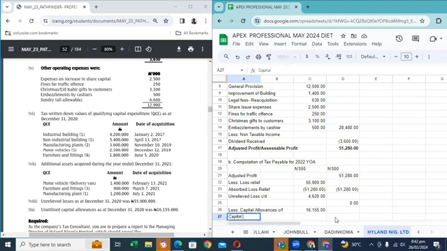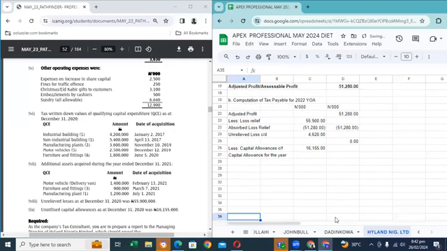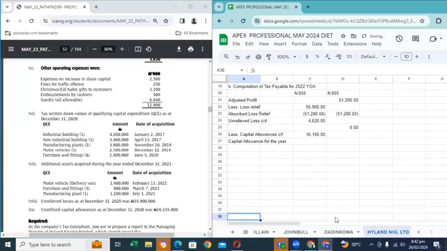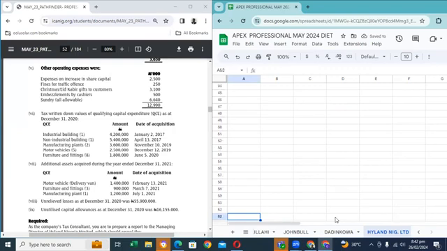Then capital allowance for the year. Now, you will need to compute because we don't have the actual capital allowance. So we say computation of capital allowance for the year of 6 months. Is that clear?